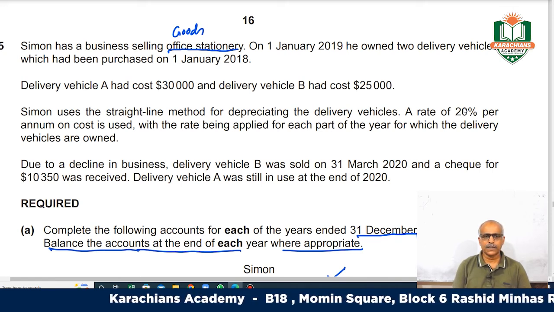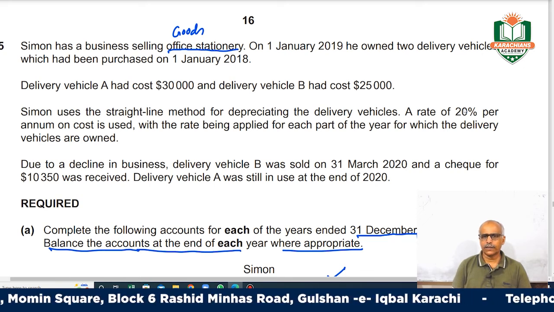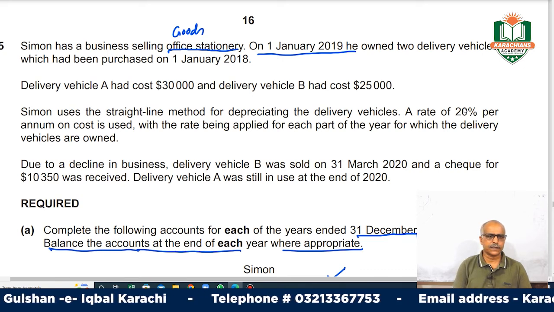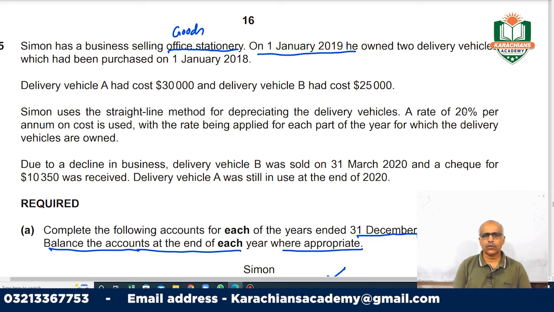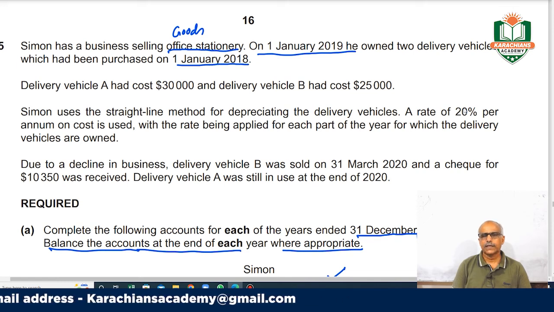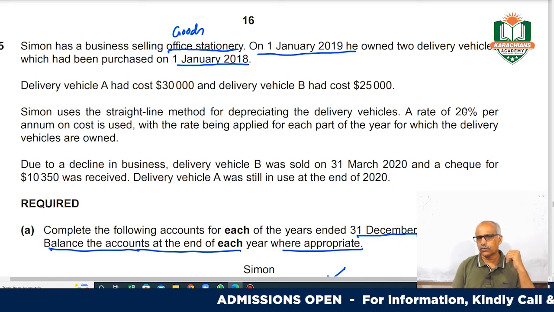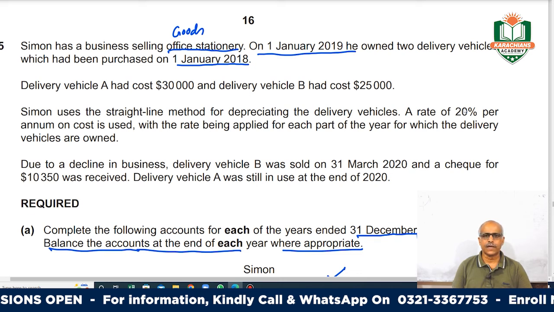Simon has a business selling office stationery, right? On 1st January 2019, he owned 2 delivery vehicles which had been purchased on 1st January 2018. Okay, 1 year back he purchased those vehicles. So 1 year depreciation has already been applied on it, and on the provision for depreciation account you have seen 11,000.